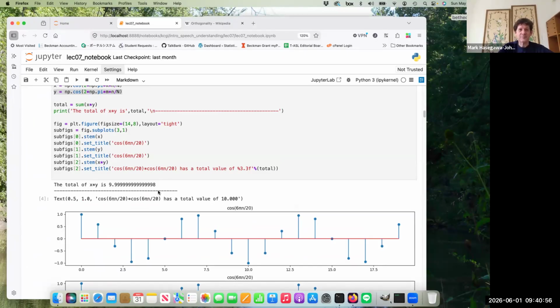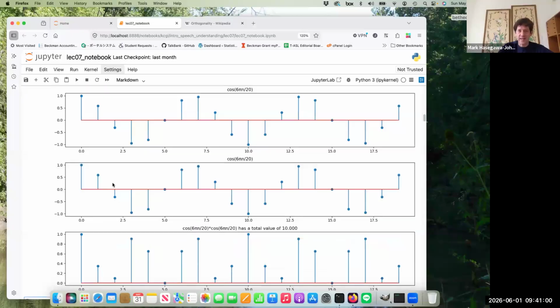It's just 10. So when I take x times x and average it over all time, I get 1/2 of its amplitude squared. If it started out with an amplitude of 1, 1 times 1 is 1, and I just take 1/2 of that. And so the average is one half of those 20 samples.